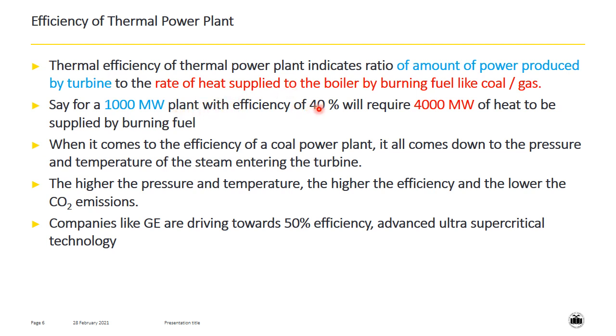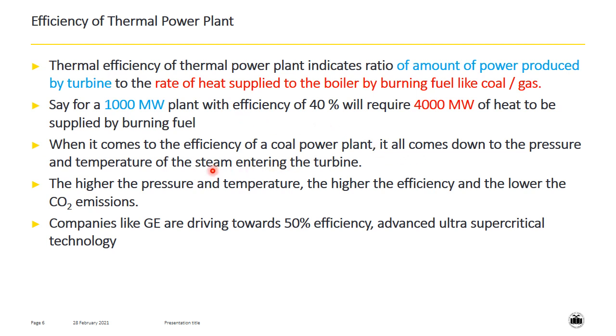Say a 1000 megawatt plant with efficiency of 40% will require 4000 megawatt of heat to be supplied by burning of fuel. Using this 4000 megawatt value and knowing the calorific value of that particular fuel, we can determine the rate of consumption of fuel by that particular plant.